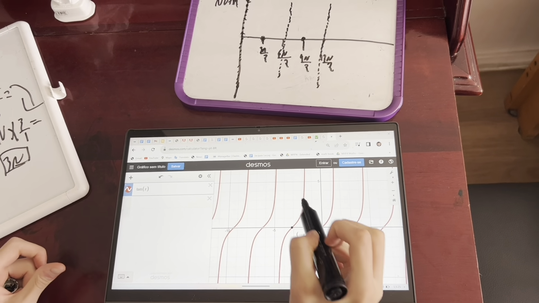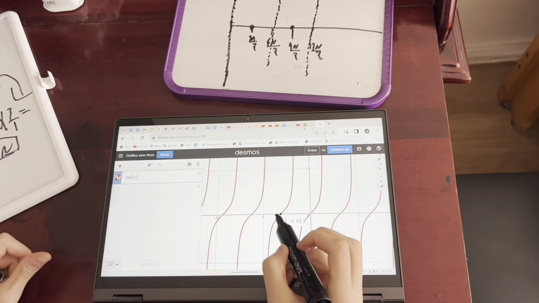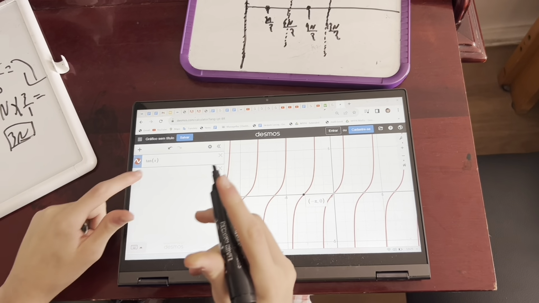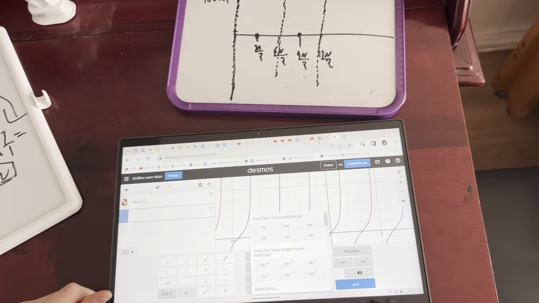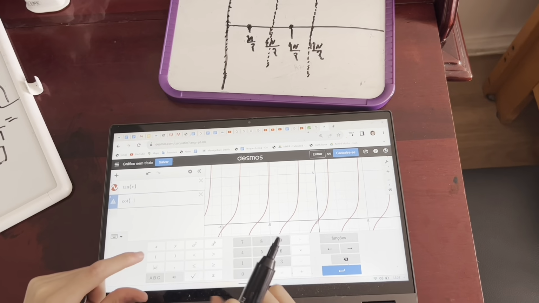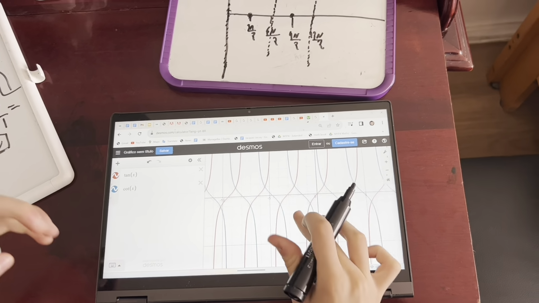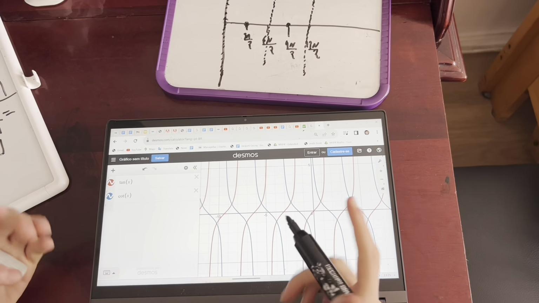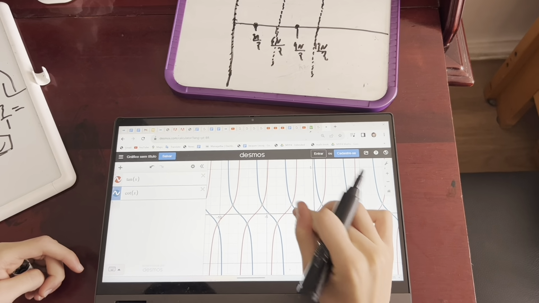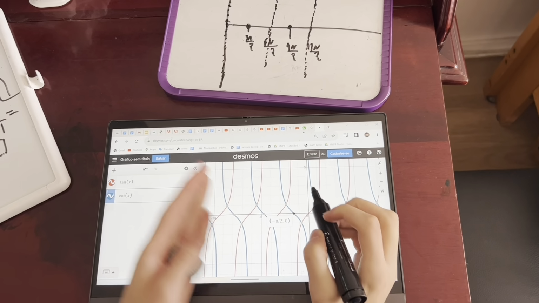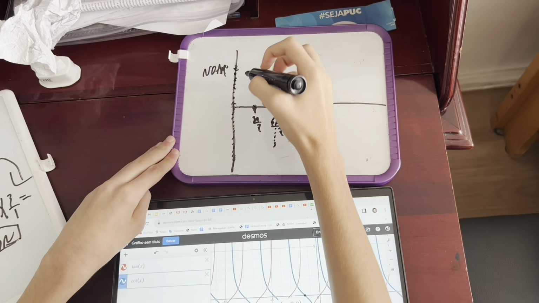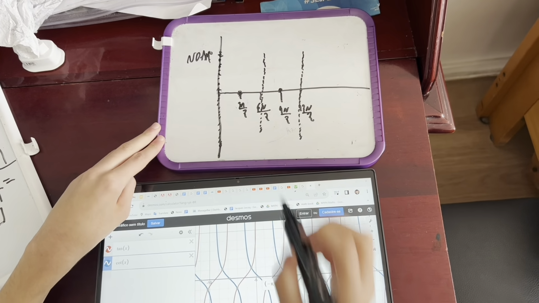We have that mini half parabola opening this way, the other mini half parabola opening that way. So for cotangent, if we go to functions and we go to cot and put x in parentheses, it's sort of like the reflection over the x-axis of this graph. You have your turning point, but this time you have your half parabola opening to the left, and that other opening to the right.